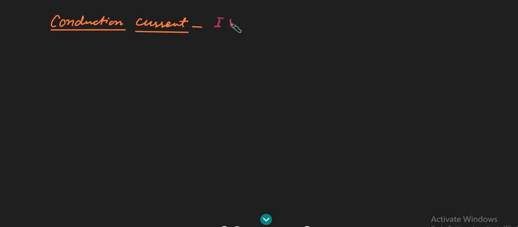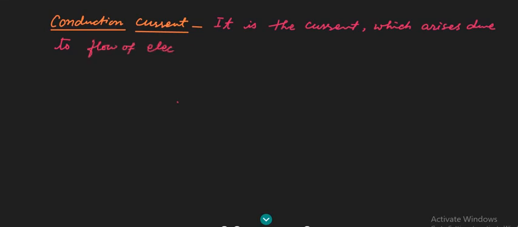It is the current which arises due to flow of electrons through the conducting wires in an electric circuit.